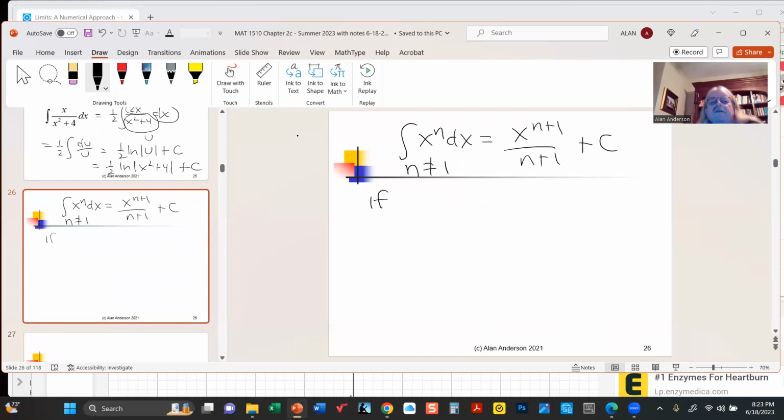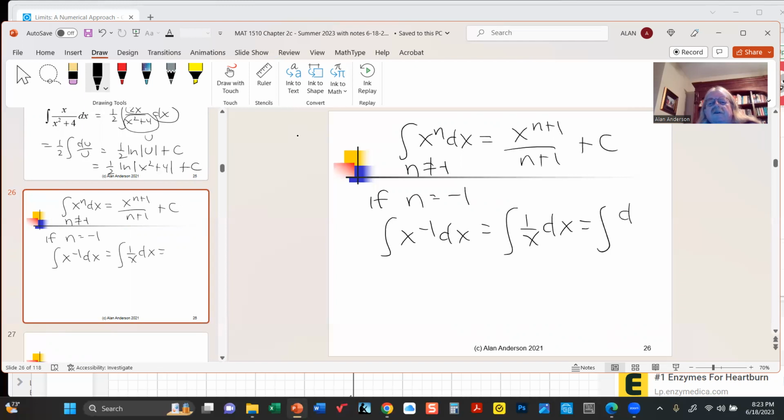If n equals negative 1, then what we've actually got here is x to the minus 1 dx, or we can rewrite this as 1 over x dx, or dx over x. And this is that special case where we end up with natural log of absolute x plus c.